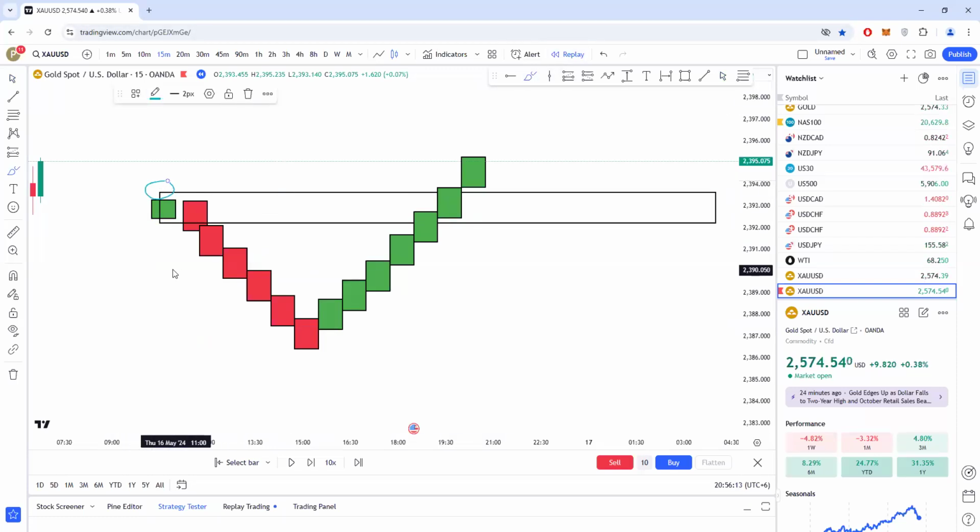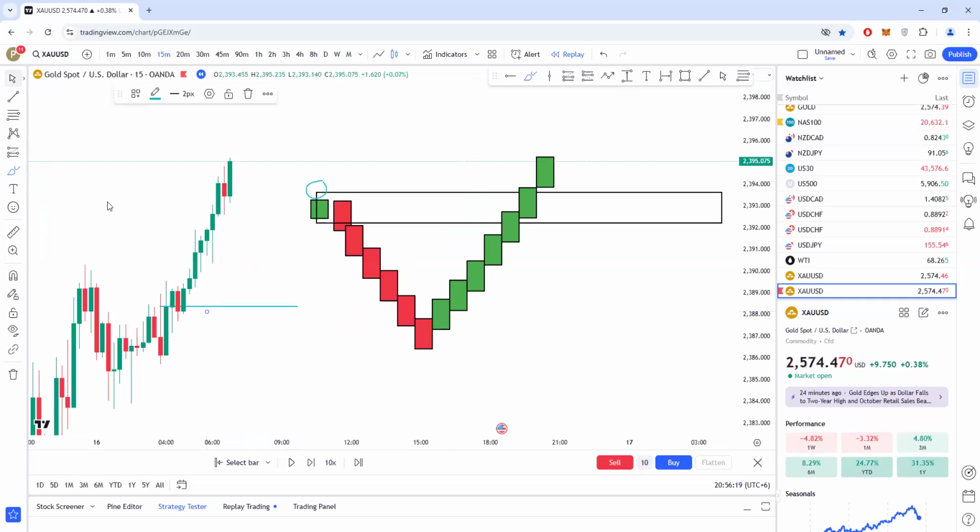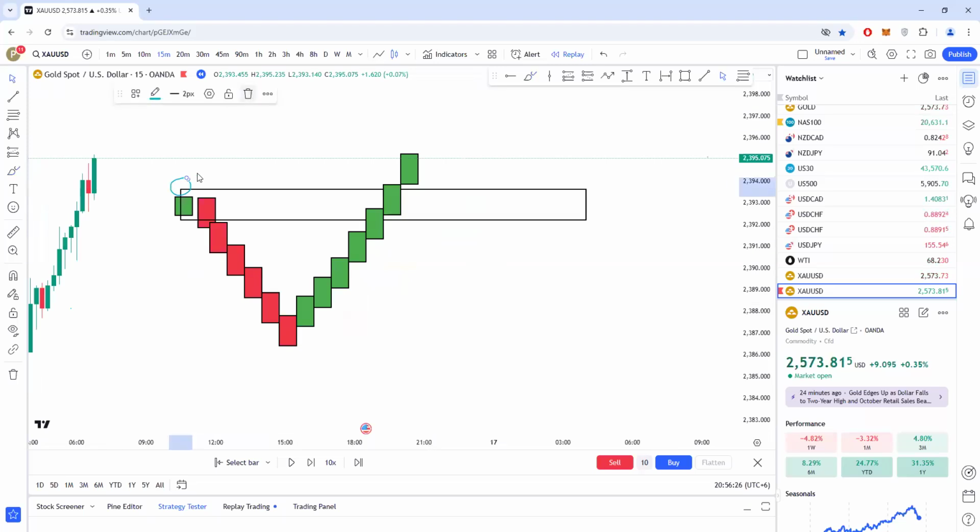Is this part clear? Now, it was a sell zone, right? That's why we said if the market goes there, it will drop and we will get a sell. Now, interestingly, it becomes a buy zone.